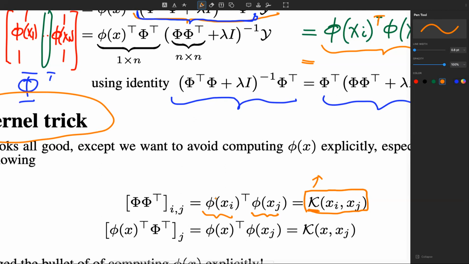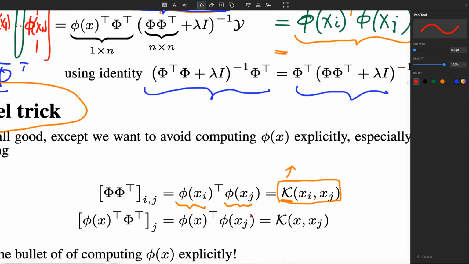Yes? So firstly, let's just take one step at a time. Do you agree with me that the ijth element of this matrix is this? Yeah, okay. Now, I can compute this in the hard way, okay? So this is the hard way, and this is the easy way, okay? The hard way is this. By the way, normally it's very difficult to choose phi anyway.